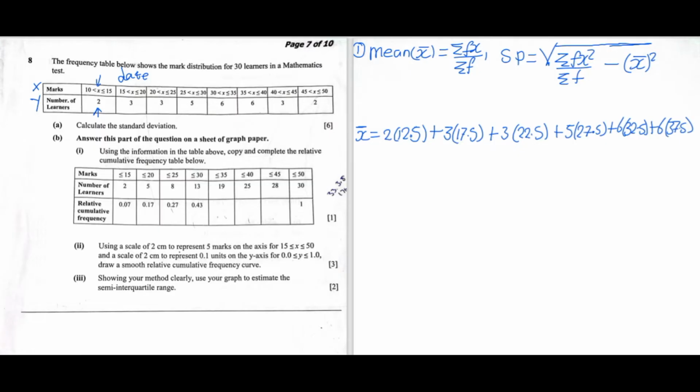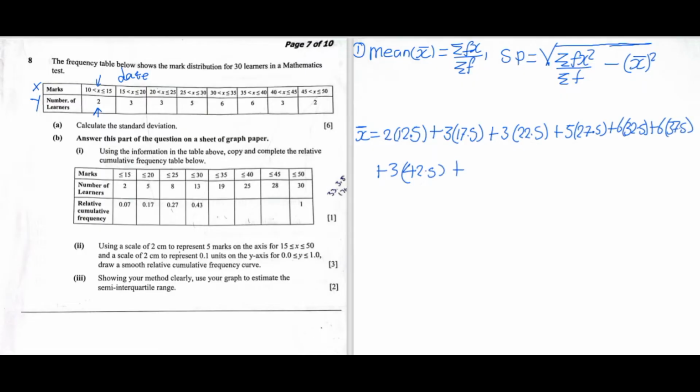Then plus we have 3, then 40 plus 45 is 85 divided by 2, I'm getting 42.5.